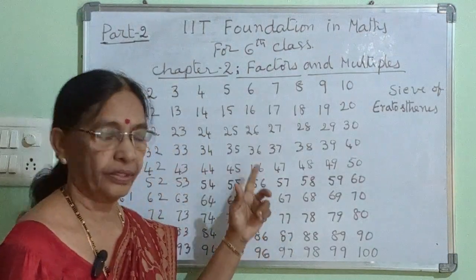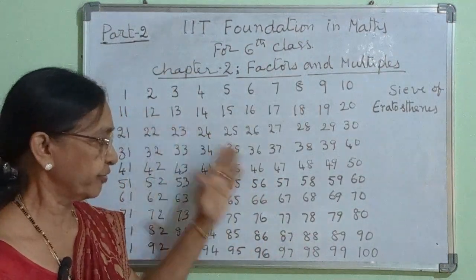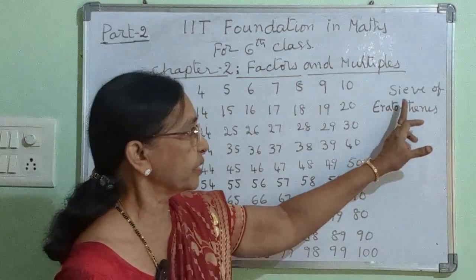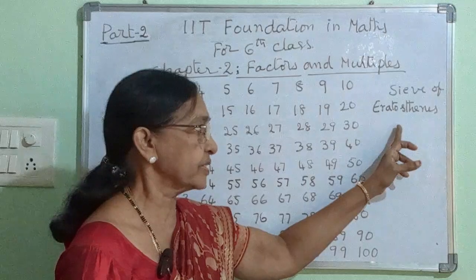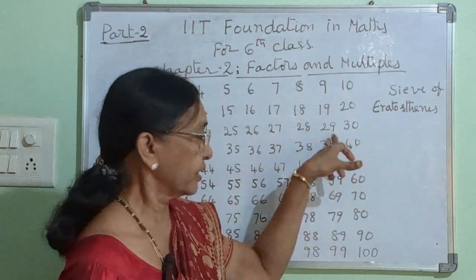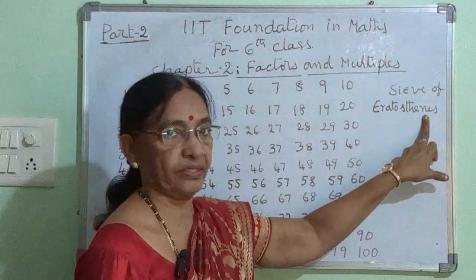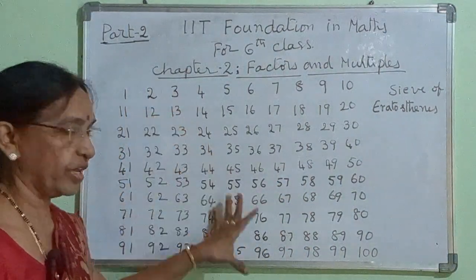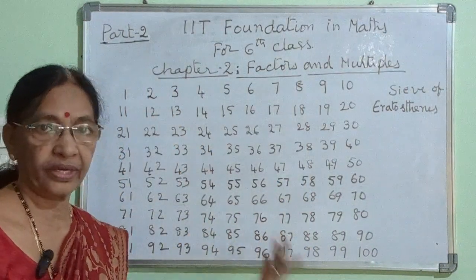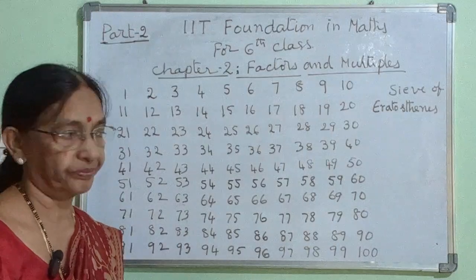We will find the prime numbers between 1 and 100 using the method sieve of Eratosthenes. This is a method named after its discoverer, Eratosthenes. In this method, first we have to write all the numbers up to 100 in a 10 by 10 grid.